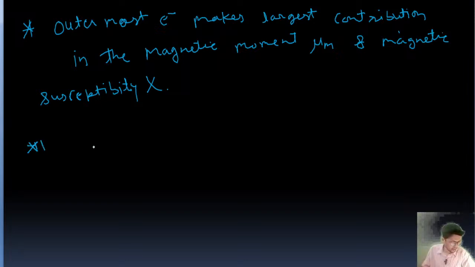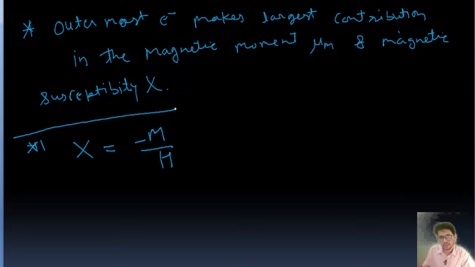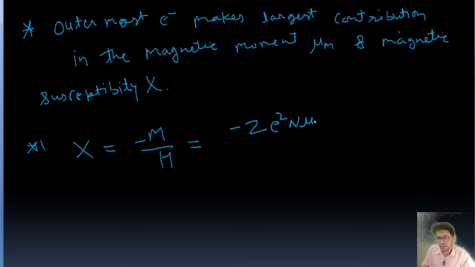Next, for a diamagnetic substance chi is minus M upon H, that is, magnetization upon magnetic field strength, and that is equal to minus z e square n mu 0 upon 6m times the average of r square.